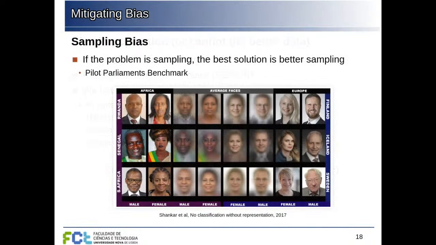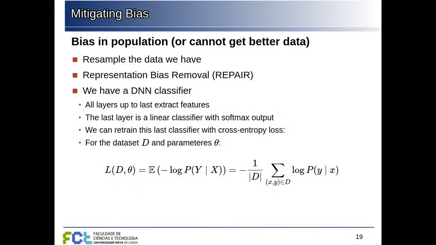In this case it's more or less obvious that if we want to train facial recognition networks, we need a sample that covers different skin tones, different ways of dressing, different genders, and so on, so that the network can look at all of these different patterns. But there are cases where we may not know exactly what the bias is, what correlations are there in the data that may influence the way the algorithm learns.